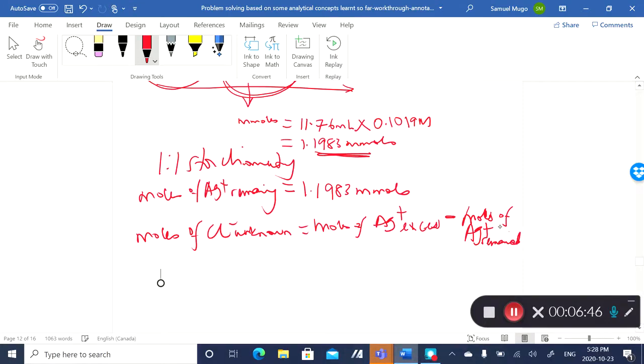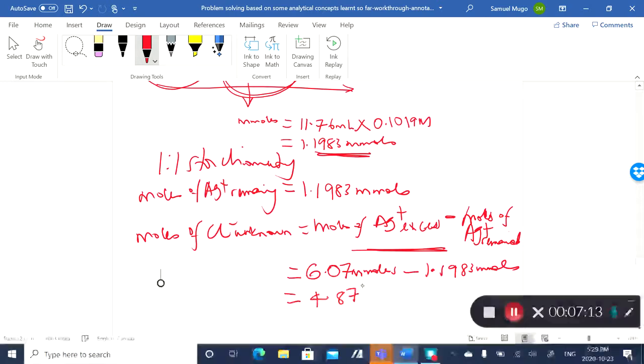Essentially that should be the moles of chloride that was really consumed, which is equal to 6.07 millimoles minus what remained, which we've already determined from the next titration, 1.1983 millimoles. When you do that, you get 4.8716 millimoles. Of course, the question being asked is the percent chloride that is present.